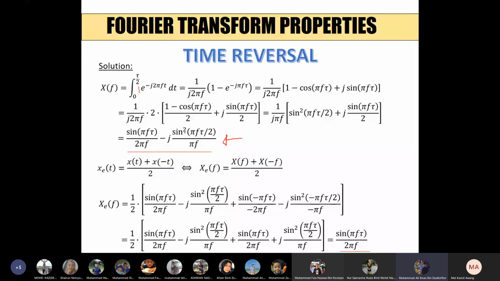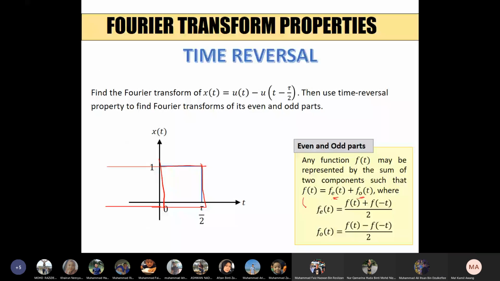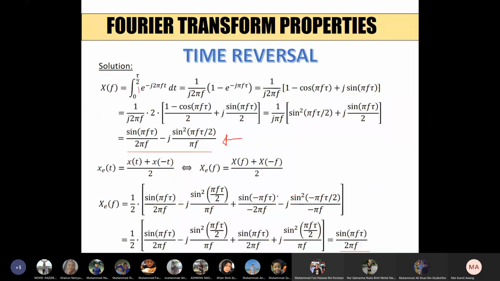So this is really if you do a direct integration, but if we use the even and odd parts, x of t can be written as x even of t plus x odd of t. The x even of t is basically x of t plus x of minus t over 2.